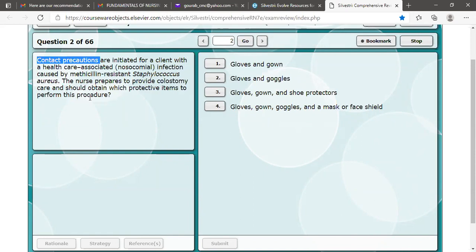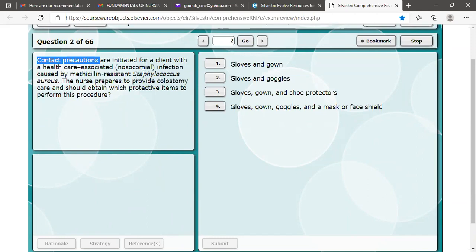We can follow standard precautions like gloves and gown, but when you deal with the patient and colostomy care, fluid can spread out and splash onto your body, so you need complete protection, right?